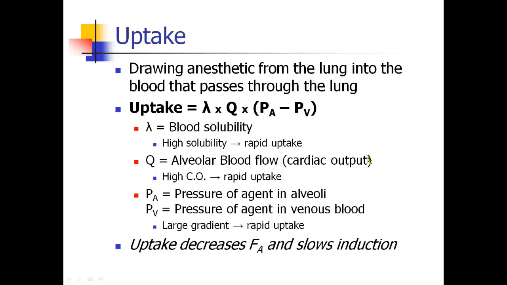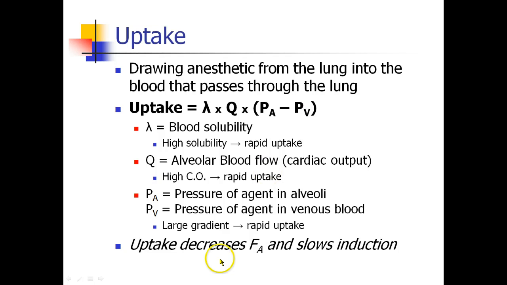And finally, and this I think is also pretty intuitive, the pressure gradient: the difference between the pressure of agent in the alveoli in the lungs and the pressure of agent in the blood. When that gradient is very high, we expect that agent will be driven from the lungs into the blood. But when the gradient is very low, when the pressures are very close to each other, we expect that there is not as much of a driving force for agent to move from the lungs into the blood.